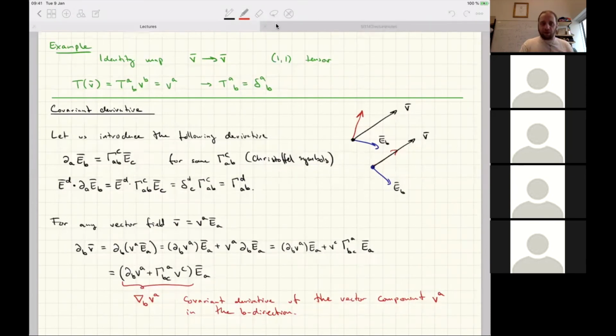However, if we don't have a fixed coordinate system, then the basis vectors change, which means that these gammas, the Christoffel symbols, are non-zero. So in essence, the first term describes the change in V due to the change in the components.